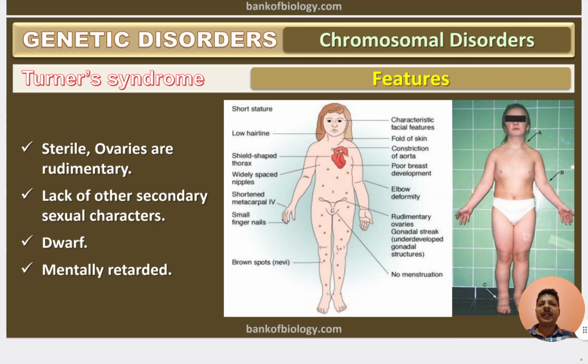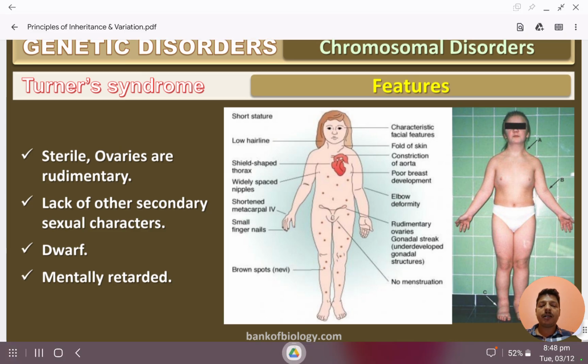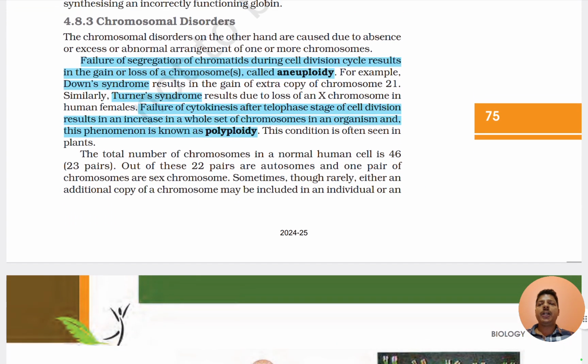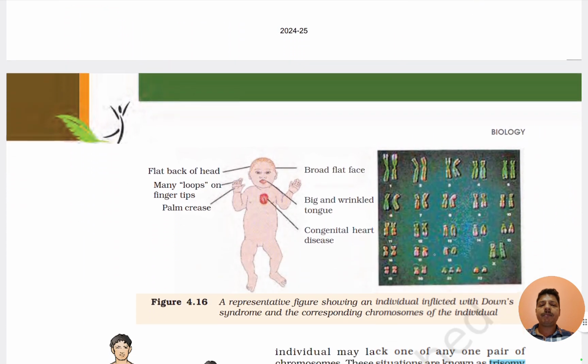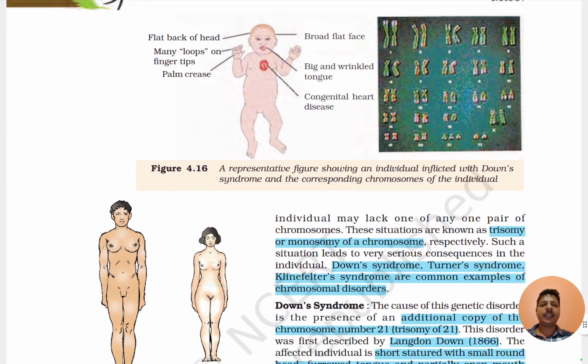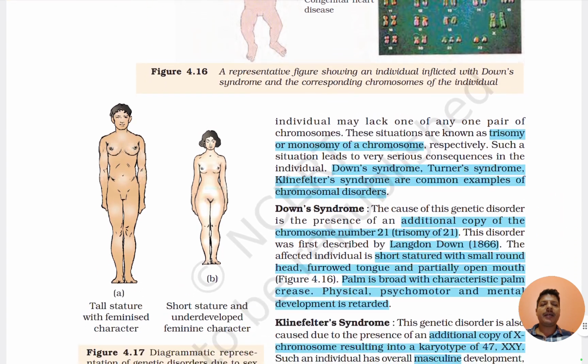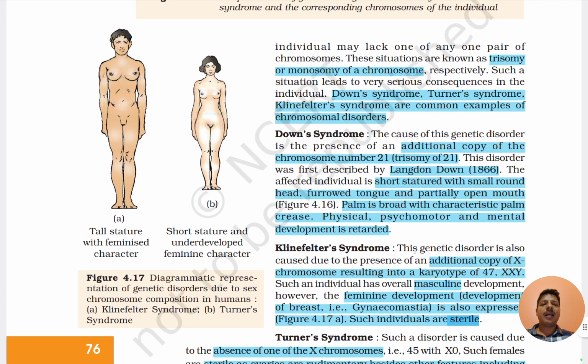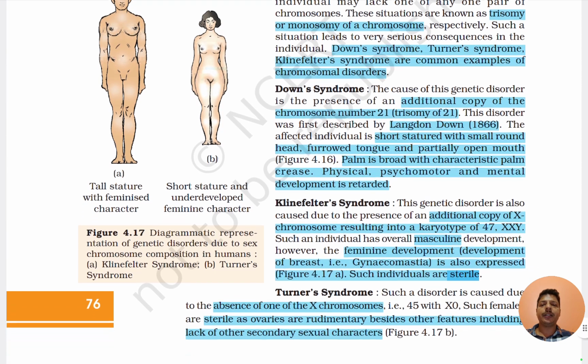With this, we have completed this chapter from this PDF. Now, last time, go to the NCERT. Here aneuploidy and polyploidy are given, same points, nothing more. Trisomy or monosomy of chromosomes, Down syndrome, Turner syndrome, and Klinefelter syndrome are examples of chromosomal disorder.